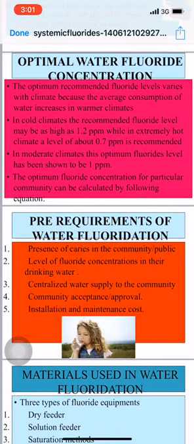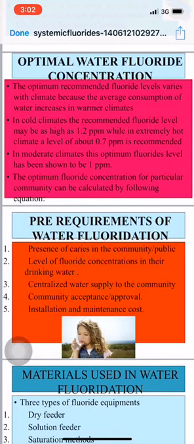Pre-requirements of water fluoridation. Number 1, the presence of caries in the community. Number 2, the presence of fluoride and the level of fluoride concentration in their drinking water.